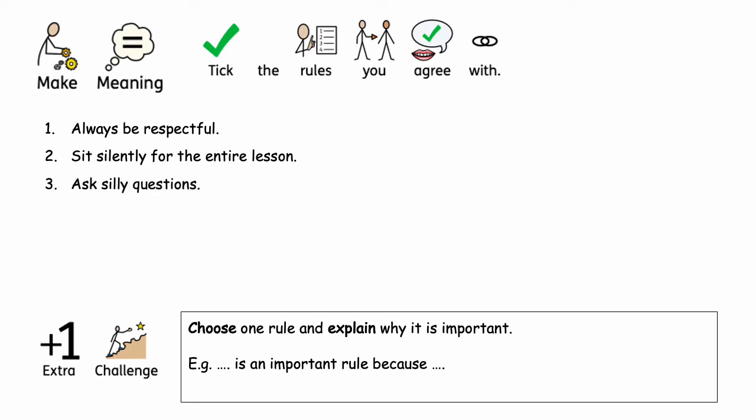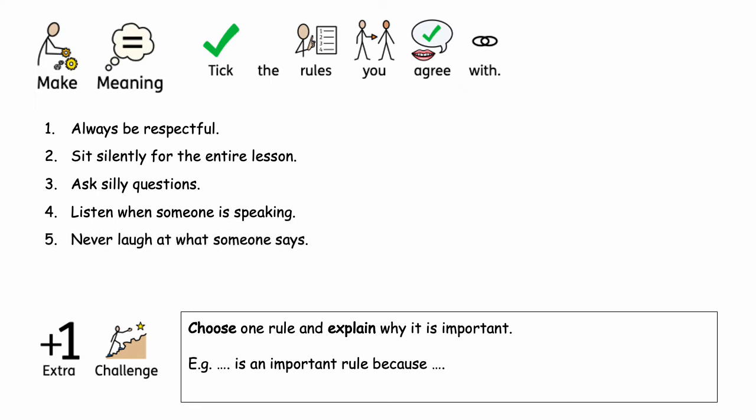Number 3, ask silly questions. Number 4, listen when someone is speaking. Number 5, never laugh at what someone says. Or number 6, ask sensible questions.